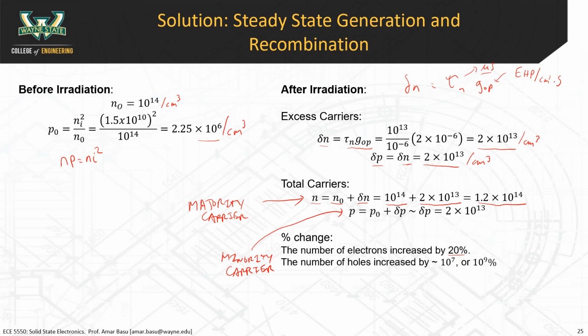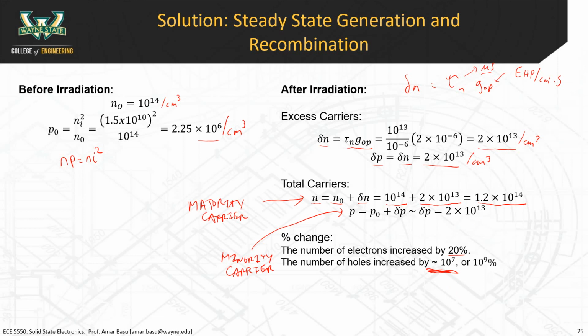So if we compare before and after, fractional change, percentage change, before we had 10 to the 6th, now we have 10 to the 13th. So there was a, I'm sorry, not sevenfold, 7 orders of magnitude increase in the hole concentration when you shine light on the material.